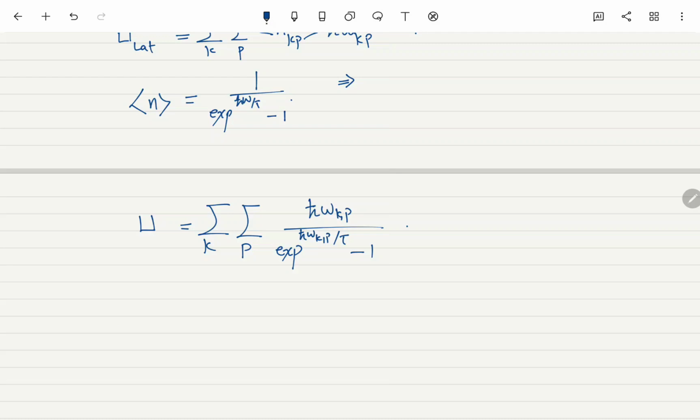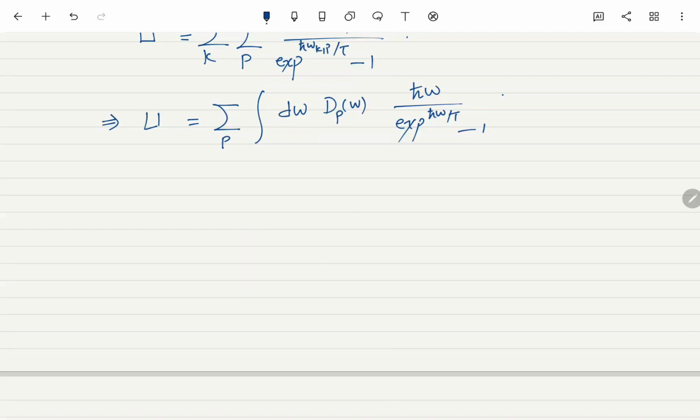It's more convenient to replace the summation over K by integration. In this case, U will become equal to the summation over all polarizations of the integral d omega D_p of omega times h bar omega over exponential h bar omega over tau minus 1.